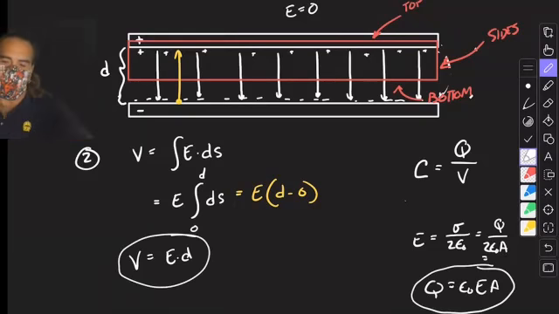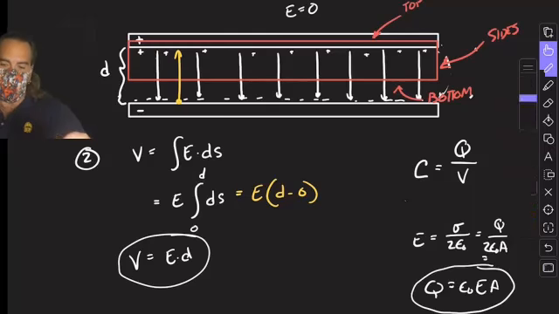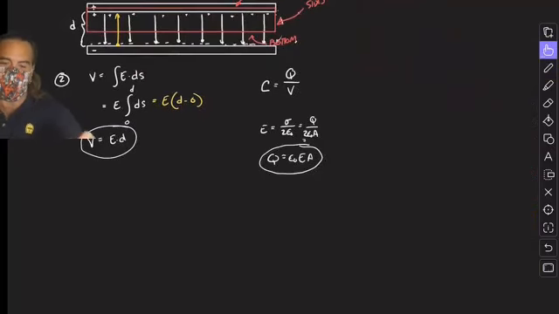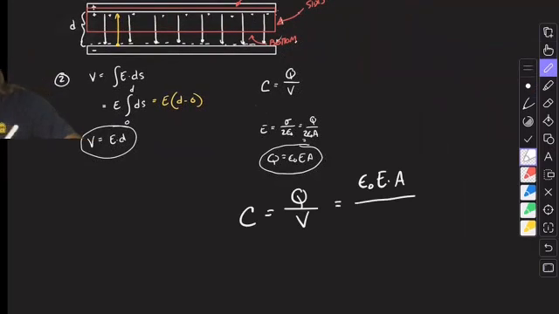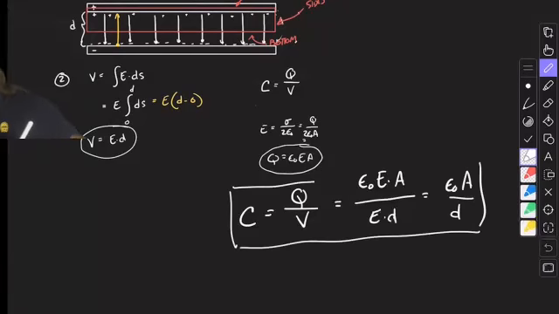And calculating the capacitance means just using the definition of capacitance: C equals Q over V, which is epsilon naught E times A over E times d, or epsilon naught A over d, the capacitance of a parallel plate capacitor.